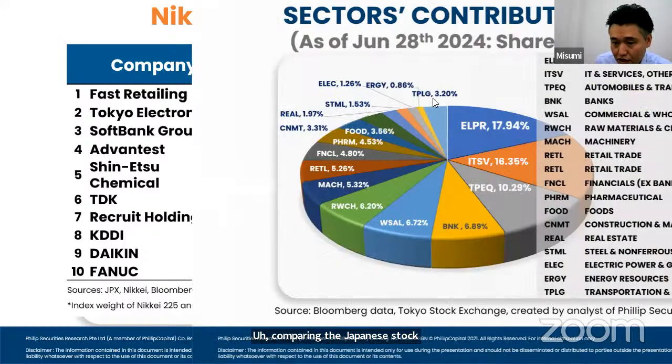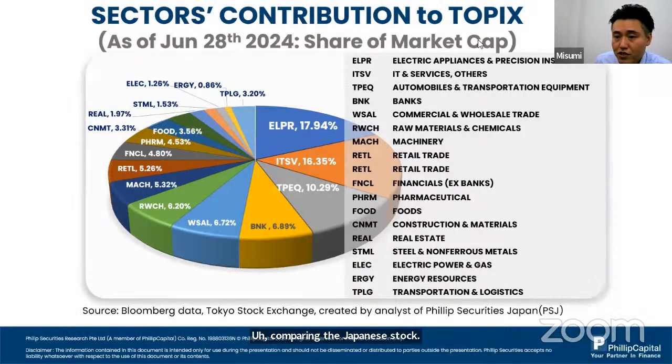Let's move to the next one: how sectors contribute to TOPIX. This is the electric appliance and precision instrument sector. This is the sector that contains the vendors of devices for constructing or producing semiconductor chips.